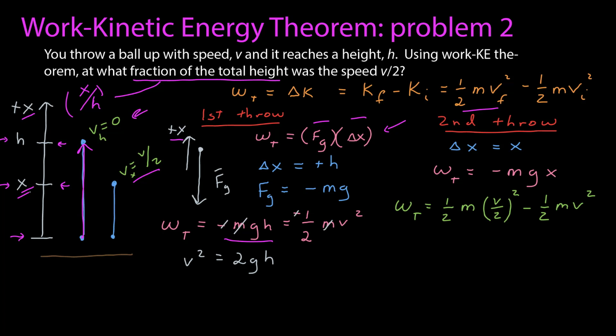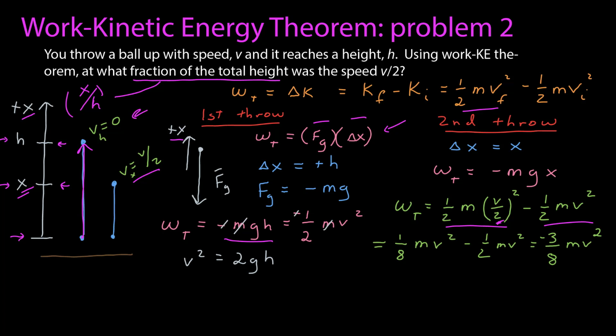That's equal to the change in kinetic energy, which is 1/2 m v final squared. Now in this case, v final is v over 2, minus 1/2 m v initial squared, which is just v. I want to simplify this, so I can take this 1/2 out of here. I square it, it becomes 1/4, and bring it out and multiply it by the 1/2 at the beginning, and it gives me 1/8.